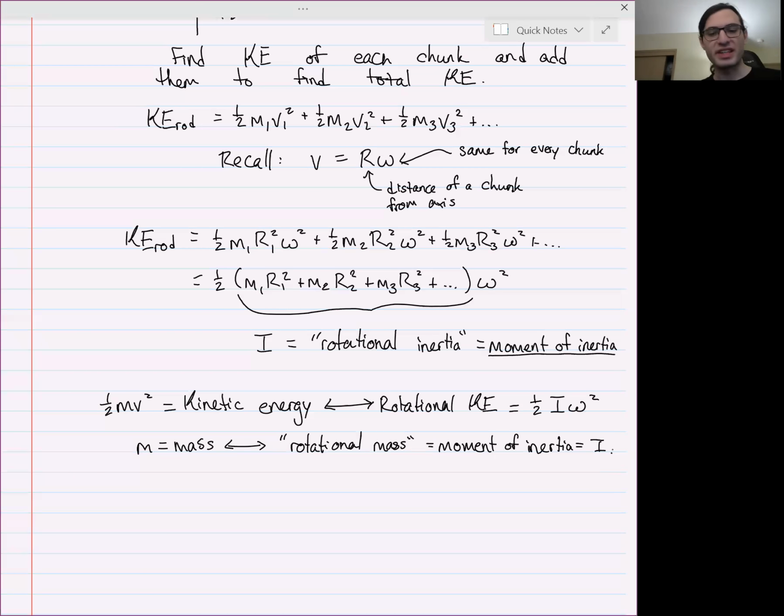Now, just as an aside, there is this explicit analogy that you can build where you just replace all of the translational variables with the rotational variables, and everything will be the same.